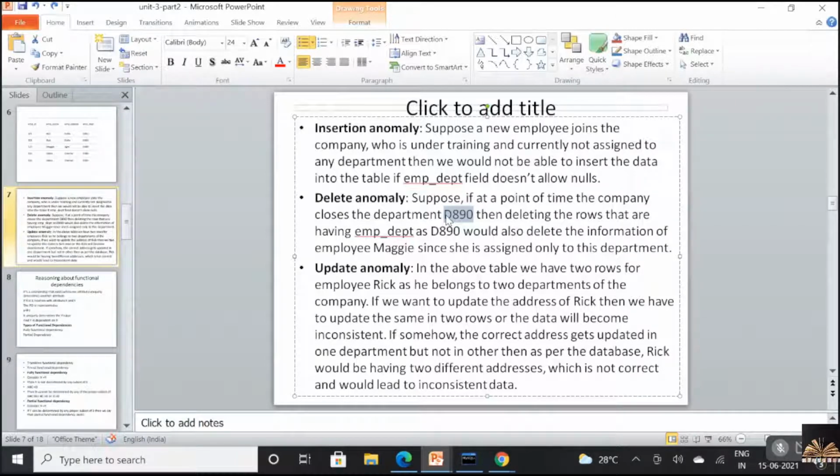Deleting the rows that have employee department as 890 would also delete the information about the employee Maggie.